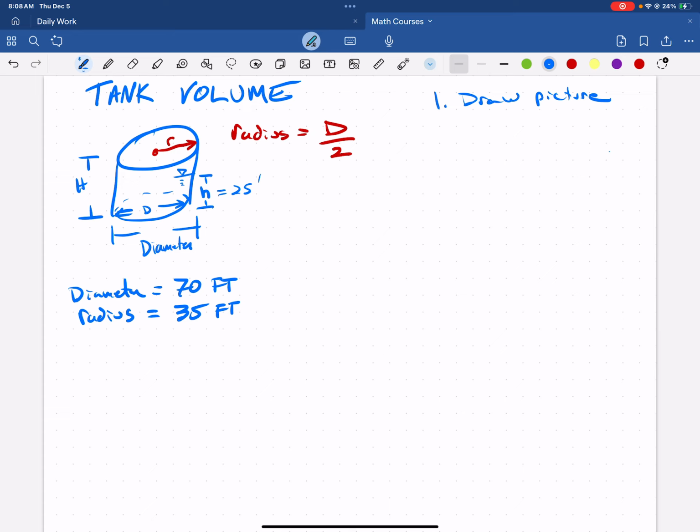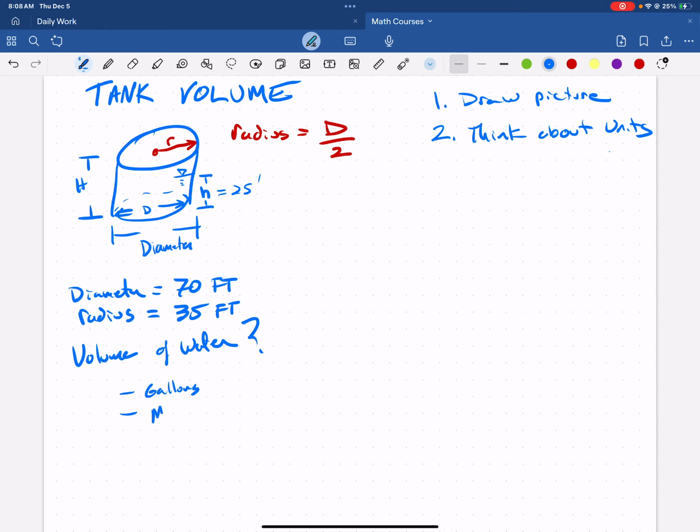Number two, we're going to think about our units. One thing that we didn't ask in this particular question is we want to know the volume of water. Generally on the exam or, again, in real life, you're going to need to know, is it going to be in gallons?